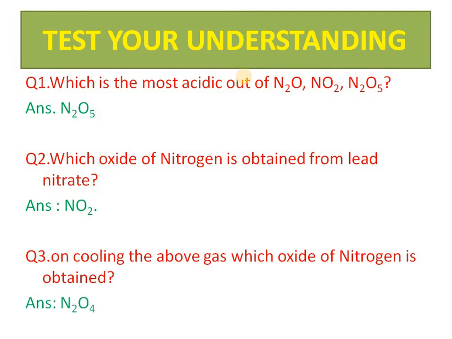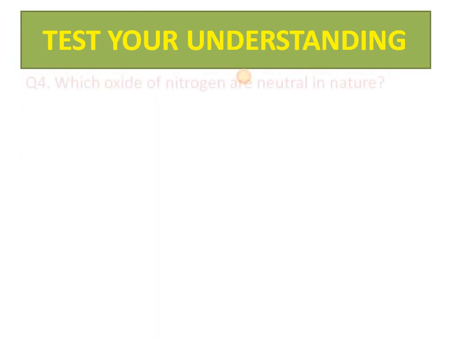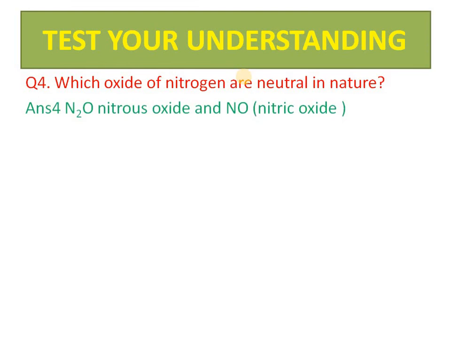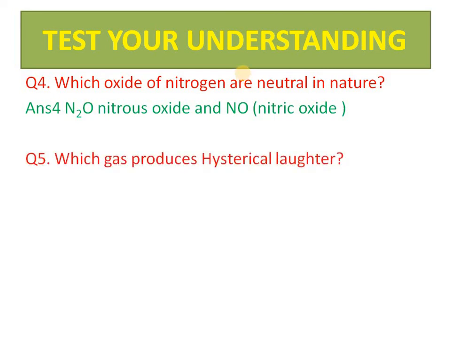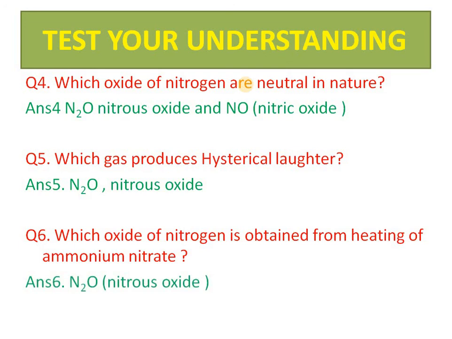N2O4, dinitrogen tetraoxide. Similarly, which oxides are neutral, with +1 oxidation state as well as +2: nitrous and nitric oxide. The next question: hysterical laughter, that is nitrous oxide. And which oxide is obtained from heating ammonium nitrate? That is N2O, the first one.